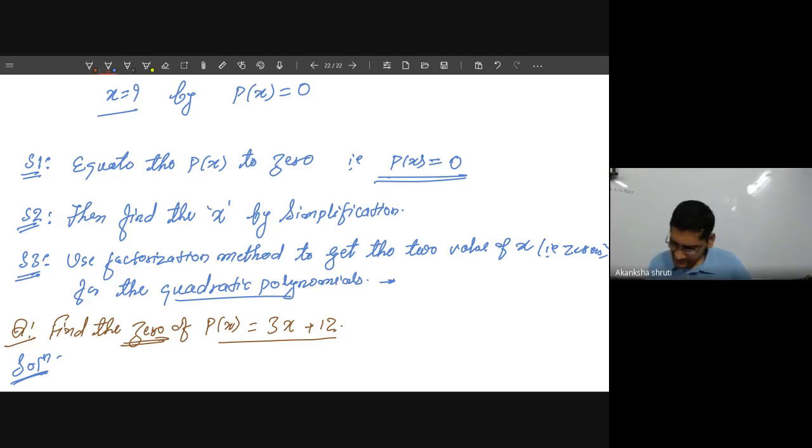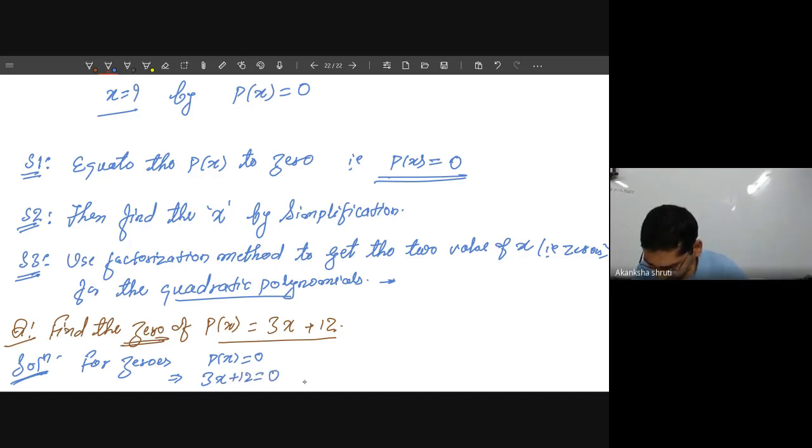But what is the definition of 0? For calculating the 0 means we have to calculate the value of x. So write, for zeros px have to be equated to 0. It means this 3x plus 12 have to be equated to 0.